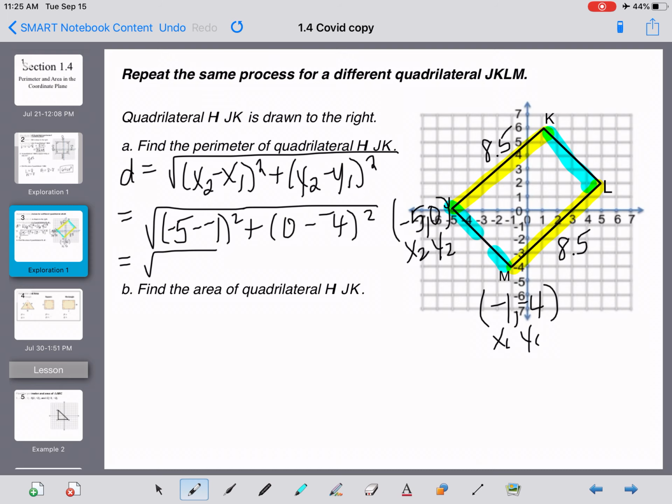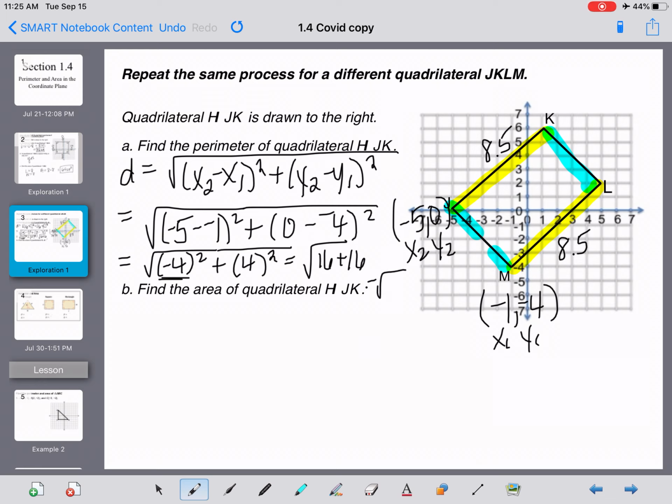This is -5 minus a -1, so it's really -5 plus 1, so it's -4. And then 0 minus -4 is really 0 plus 4, so it's 4. Now be careful here. When we square that quantity -4, it's -4 times -4, so it's going to be positive. And then 4 squared is also positive 16.